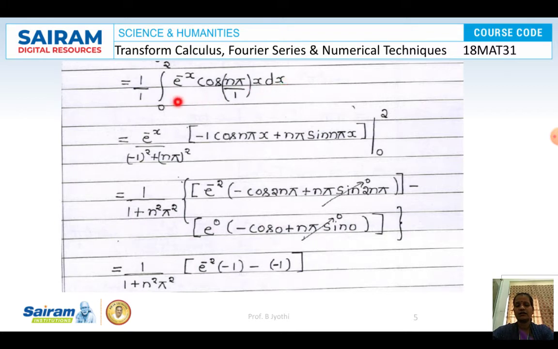Here we are applying the e power ax into cos bx formula. So that is given by e power minus x divided by a square, that is minus 1 square, plus b square, that is n pi square, into a cos bx, that is minus 1 into cos n pi x plus b sin bx.